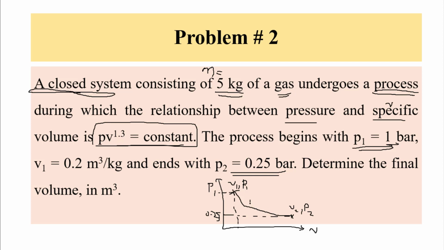This relation is P v to the power 1.3 equals constant. We need to find the final volume, V2, and the unit must be in meter cube.